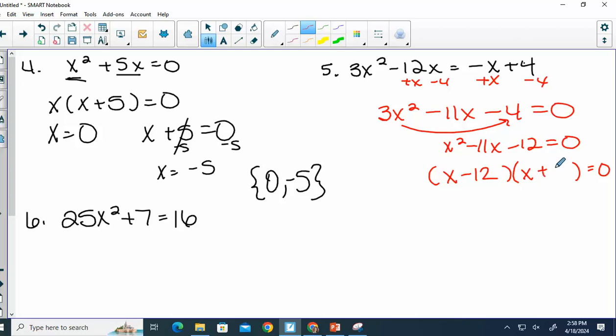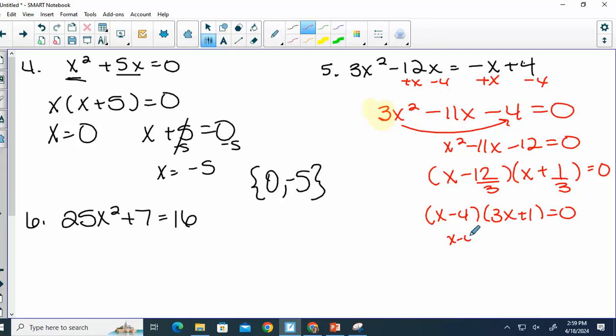What do we have to do now? Divide by 3. First we have to divide by 3. So x minus 12 over 3, so x minus 4, and 3x plus 1 equals 0.